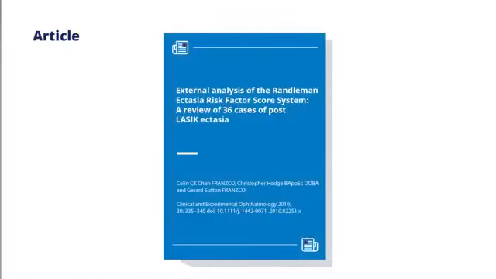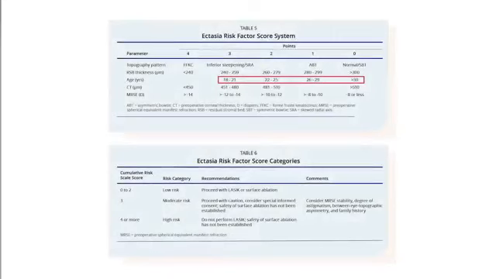But what is important about post-LASIK ectasia and understanding of ectasia and the criteria for patient selection for LASIK is the fact that there are several indices of grading scales that are used now. One of the most popular ones has been the Randleman scale. And if you look at the Randleman scale, even though a patient might not be at risk for ectasia after LASIK surgery, one of the important parameters on the Randleman scale is age.